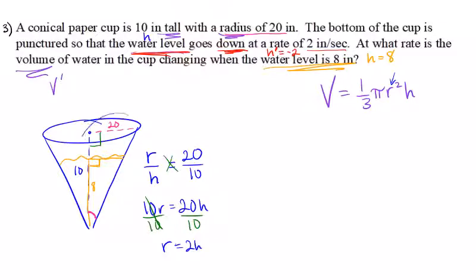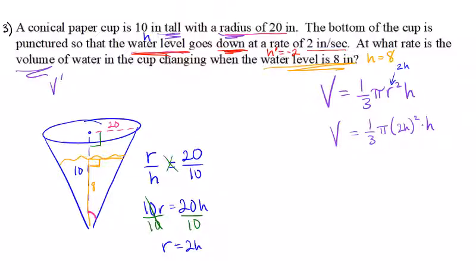So because these triangles are proportional here, that means that there's a relationship between R and H. And what I can do is plug in 2H for R. Okay. And what that'll help us to do is restructure this formula. So I'm going to plug in 2H here and square it, right? It'll help us restructure this formula, so now it's all in terms of H.